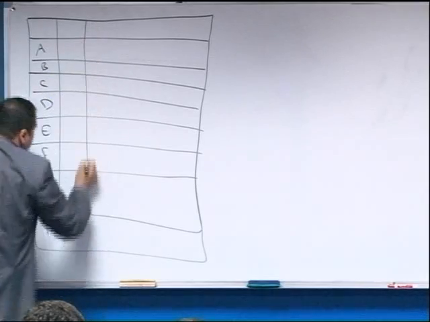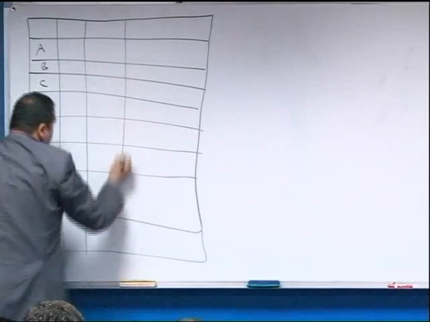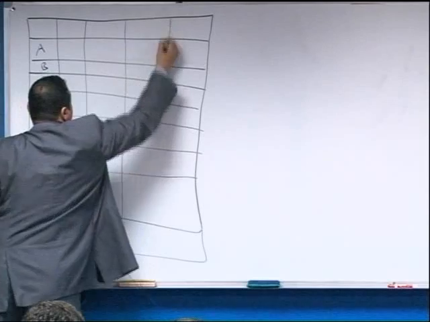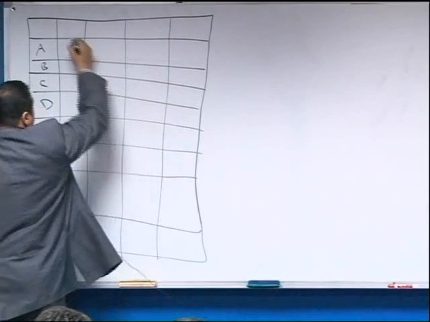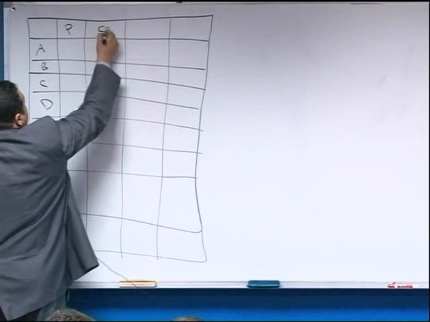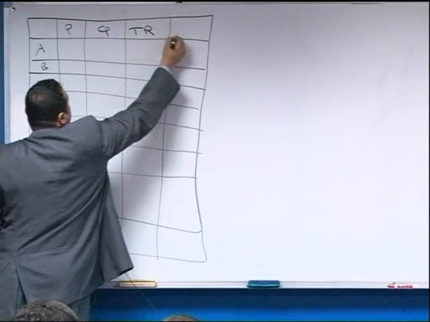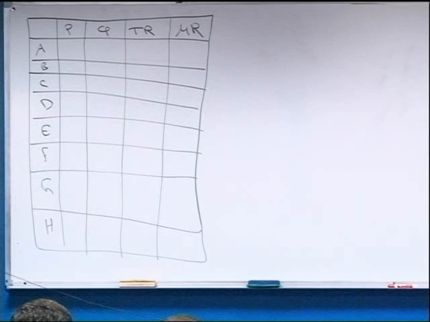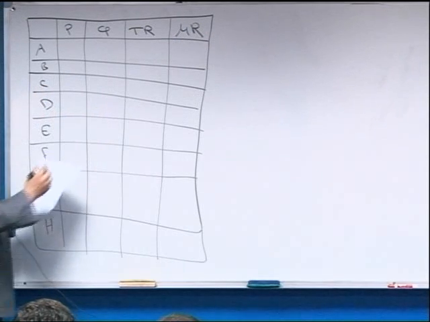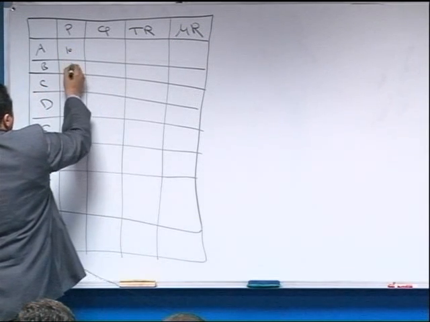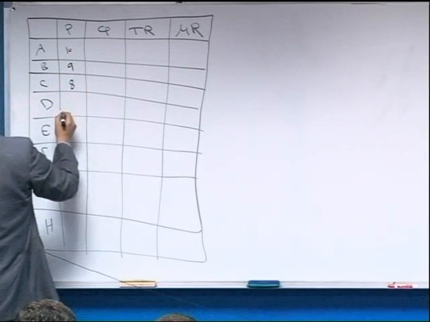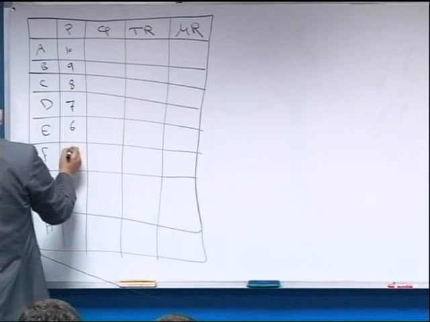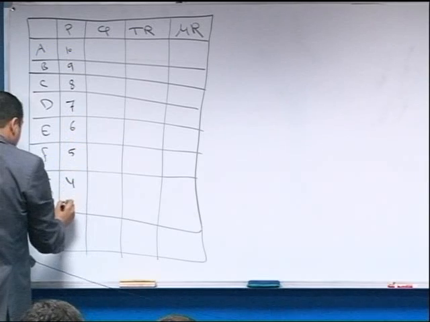Prices, quantities, total revenue, and marginal revenue. The prices are as follows: 10, 9, 8, 7, 6, 5, 4, 3.